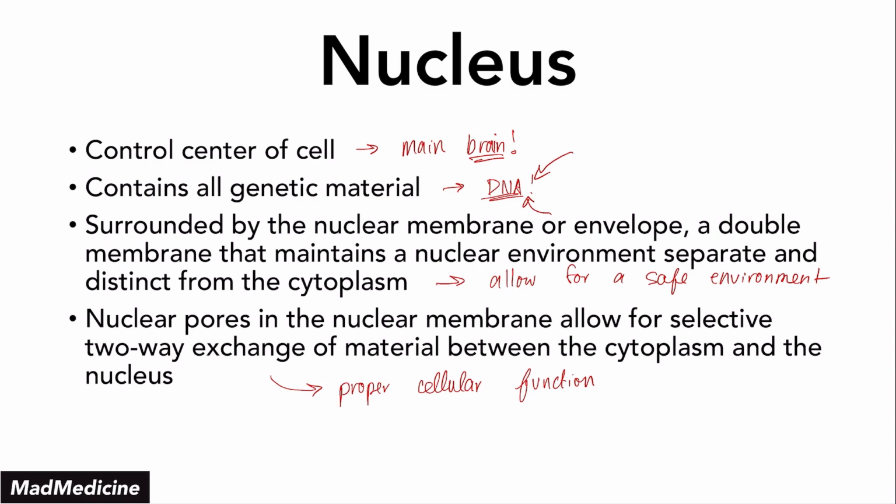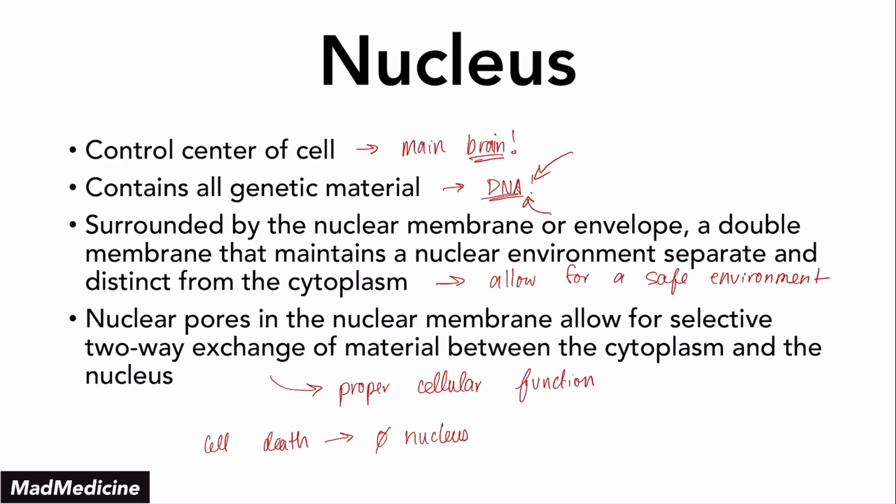When the cell dies, the nucleus is going to disappear. So, one of the characteristic hallmark findings of cell death is no nucleus. Why do I say that? Because earlier I said that prokaryotes have no organelles within the cell, and they have no nuclei.